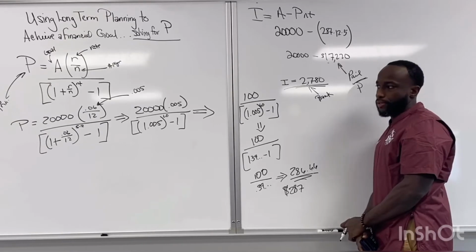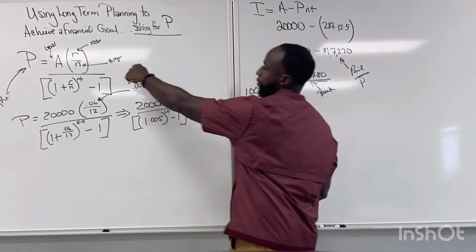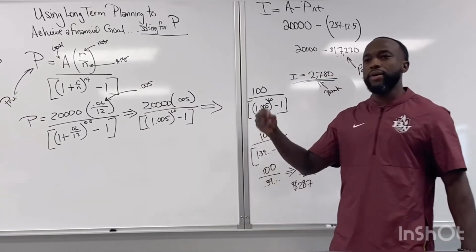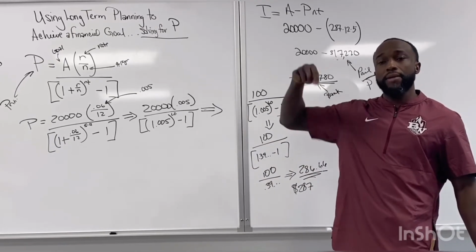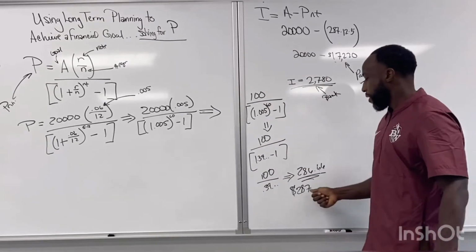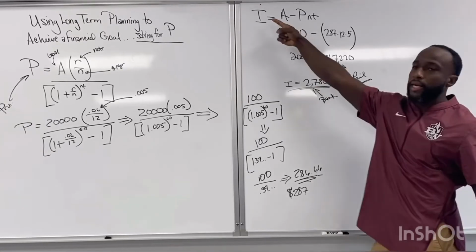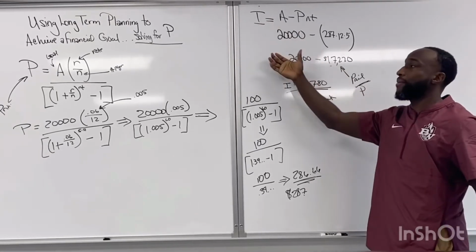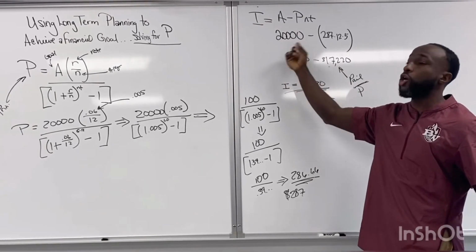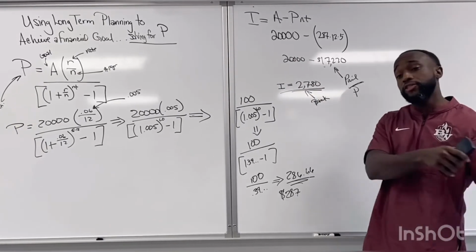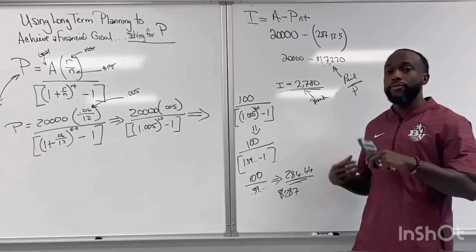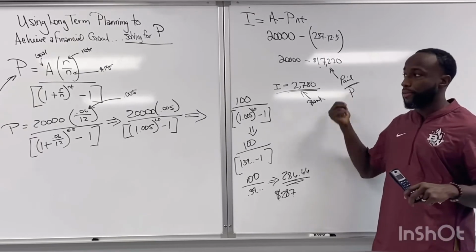Again, we use this formula to figure out how much we have to deposit per compounded payment. Then we go to the interest formula to figure out how much of the goal came from interest and how much actually came from our pockets. All right, so that's that.